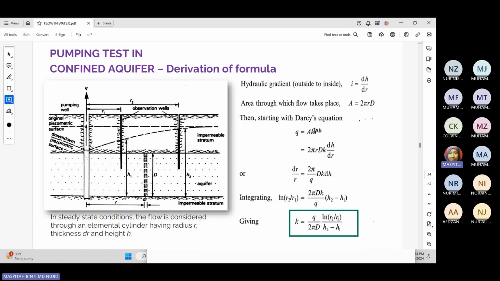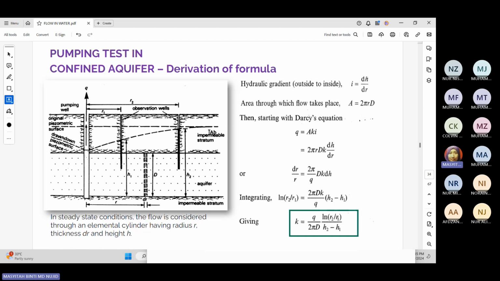A is the cross-sectional area, Ki is the velocity. So dia ambil from the schematic diagram sini H1 apa dia, H2 apa dia. So H1, H2 you kena tahulah nak ambil from where to where. Selalunya H1, H2 kita ambil from the reference stratum iaitu impermeable stratum sehinggalah tinggi air dalam observation well tersebut.